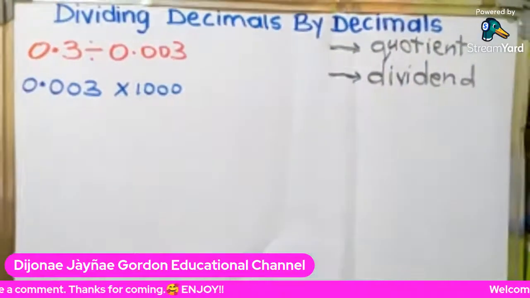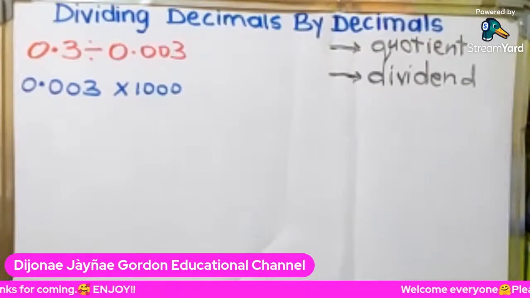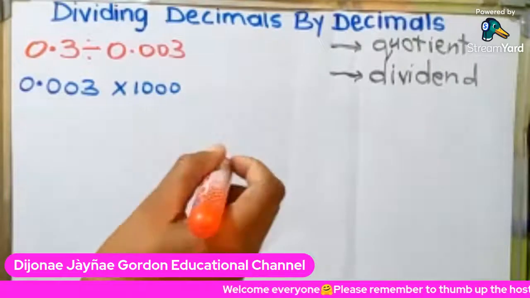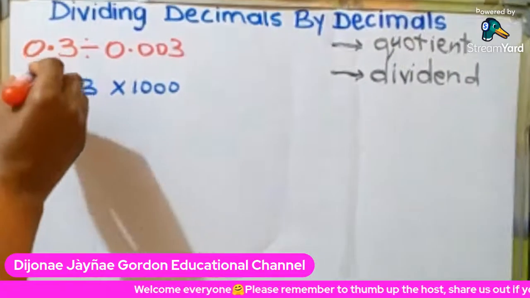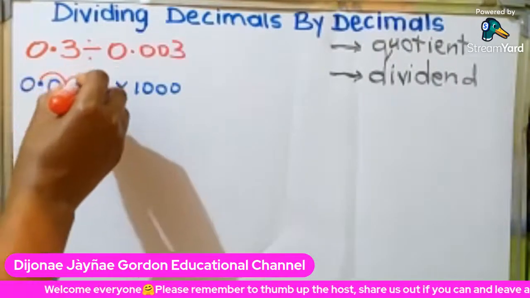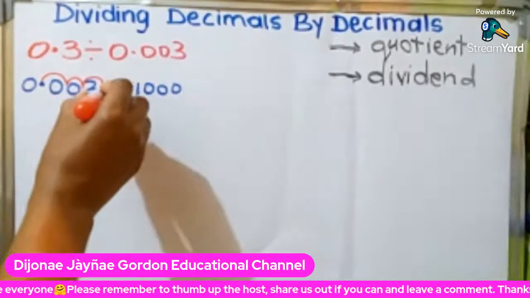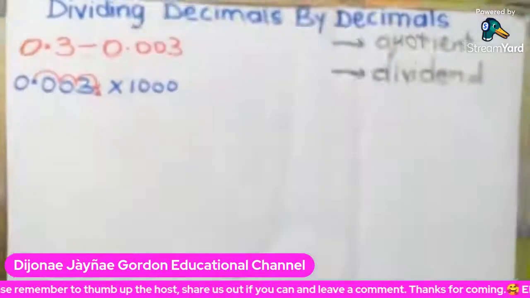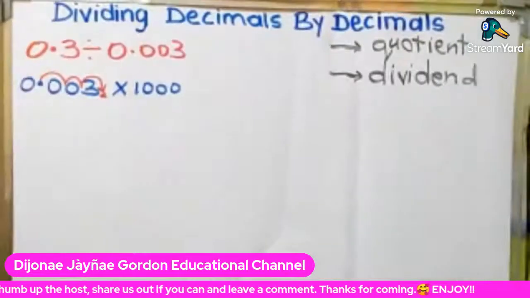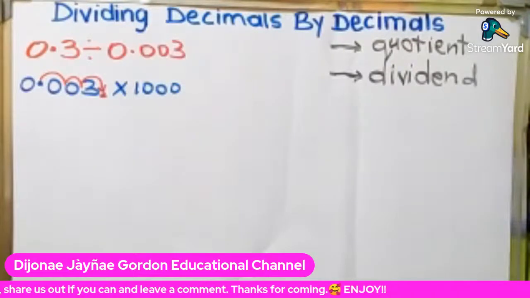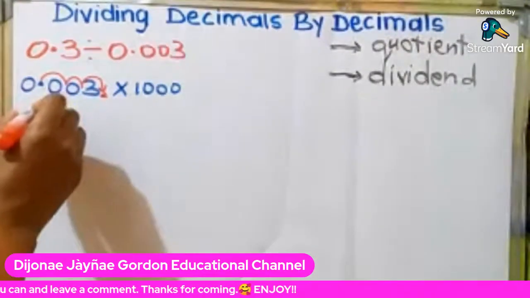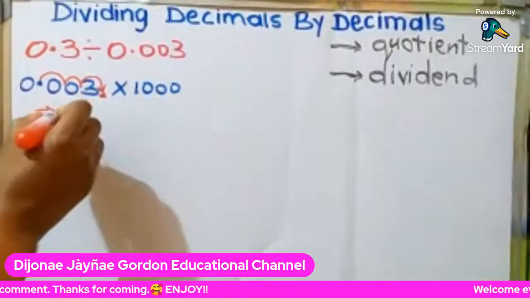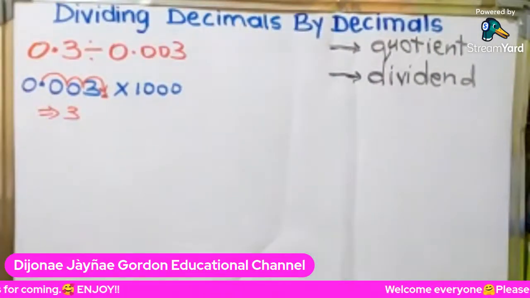All right, when you are multiplying by powers of 10, you move to your right. So we're going to move 3 places, 1, 2, 3. And in this case, your decimal place is now at the end. It is after 3. All right, so let me write so you see what we have working with. So now our divisor is 3. It is now a whole.